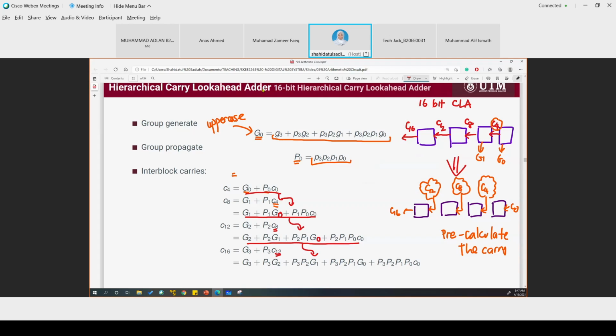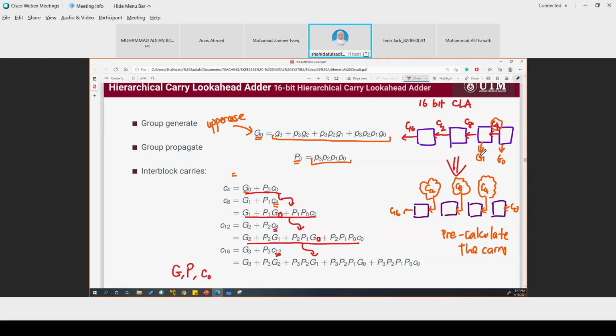Okay. So that we will end up with equation that only using G, P, and C0, which are the parameters that we know from the beginning at stage 0. Right? So this is how we group the carry look ahead adder.